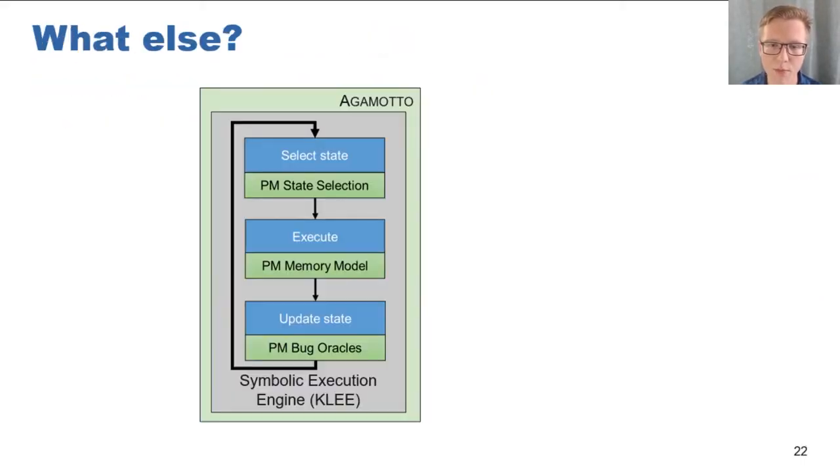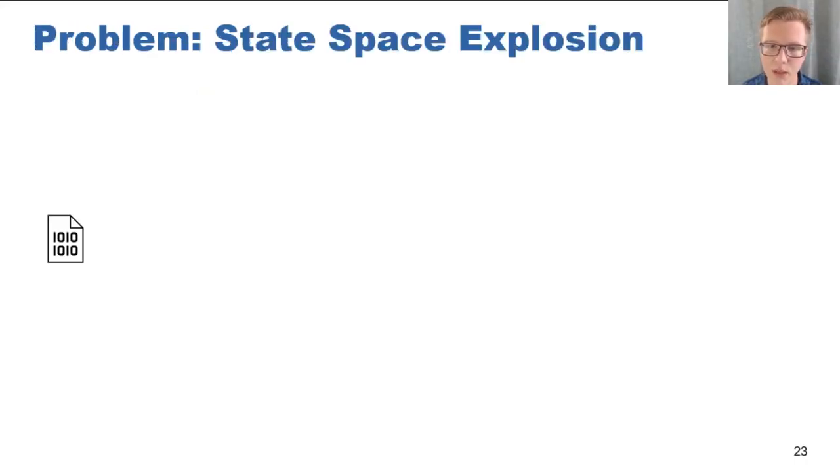So the persistent memory model and the persistent memory bug oracles require everything that AGAMOTTO needs to find persistent memory bugs. However, we also want to build a persistent memory state selection method to mitigate one major issue of symbolic execution: state space explosion. So what is this problem? Well, in our examples, we've been using fairly small programs.